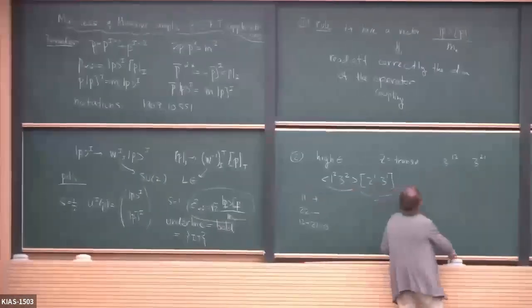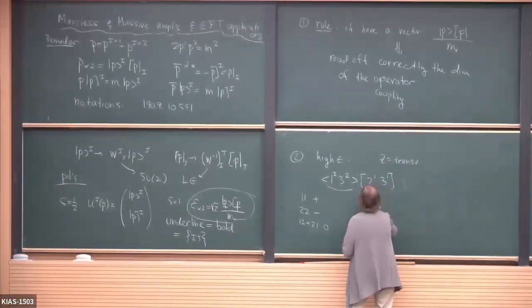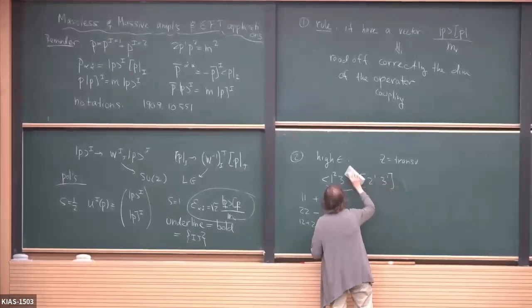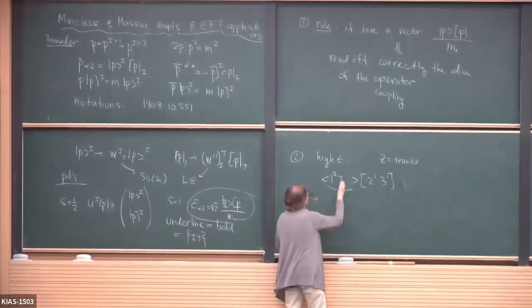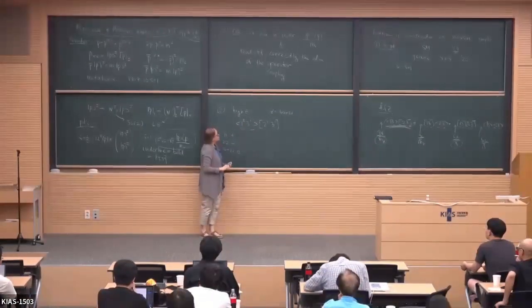So if I want to take the Z to be transverse, that means that both of these have to be, let's say, 1, if I'm taking it to have positive polarization.